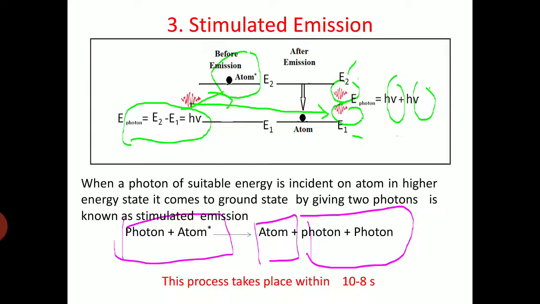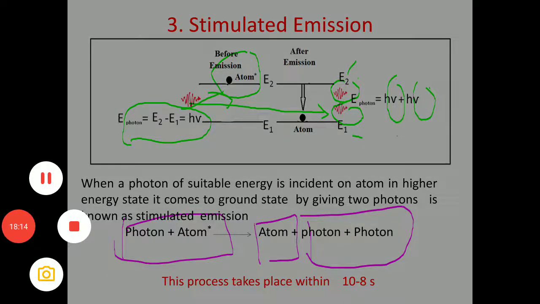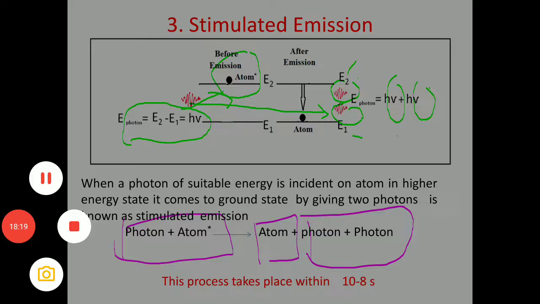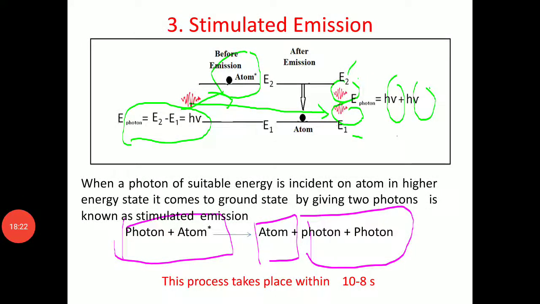The important thing to remember is that this process takes place within 10 to the power minus 8 seconds. Within 10 to the power minus 8 seconds, this process has to complete. Otherwise, what happens? It will be a spontaneous emission. On its own, the atom will come from the higher energy to the lower energy and lead to spontaneous emission. So to achieve stimulated emission, we require that it should be less than 10 to the power minus 8 seconds, such that we can assume stimulated emission.